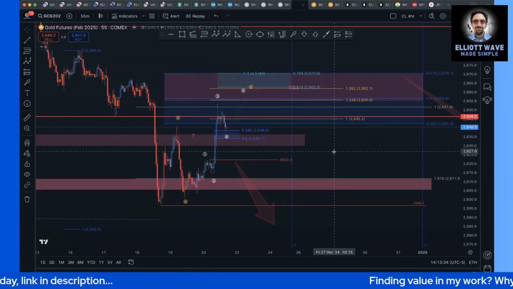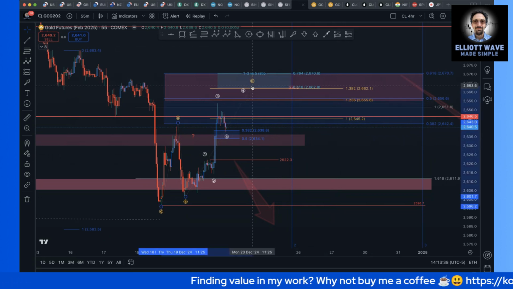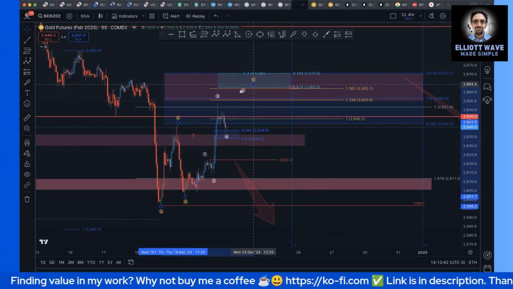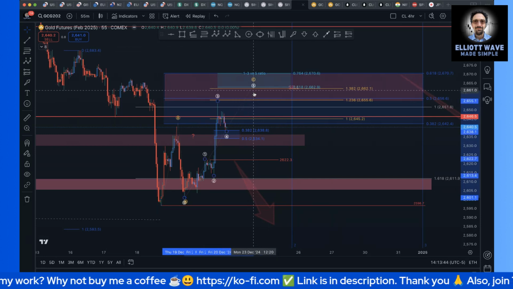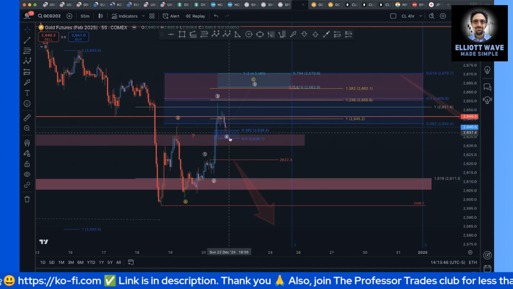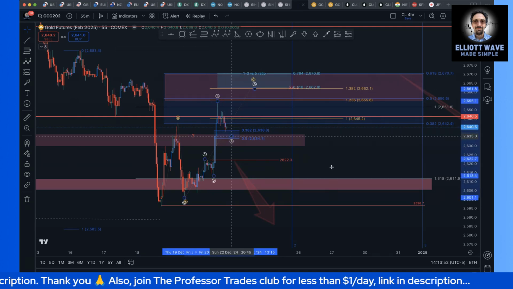You're going to get a lot more squirrely price action on a lower time frame candle, right? So if the C wave is composed of 5 waves, it is possible that you need another 4, or we're finishing off this wave 4. Okay.